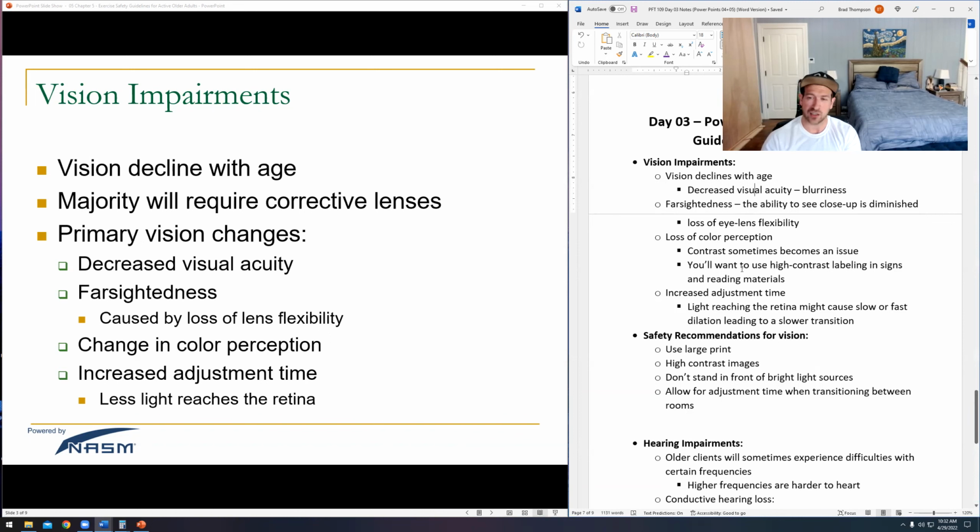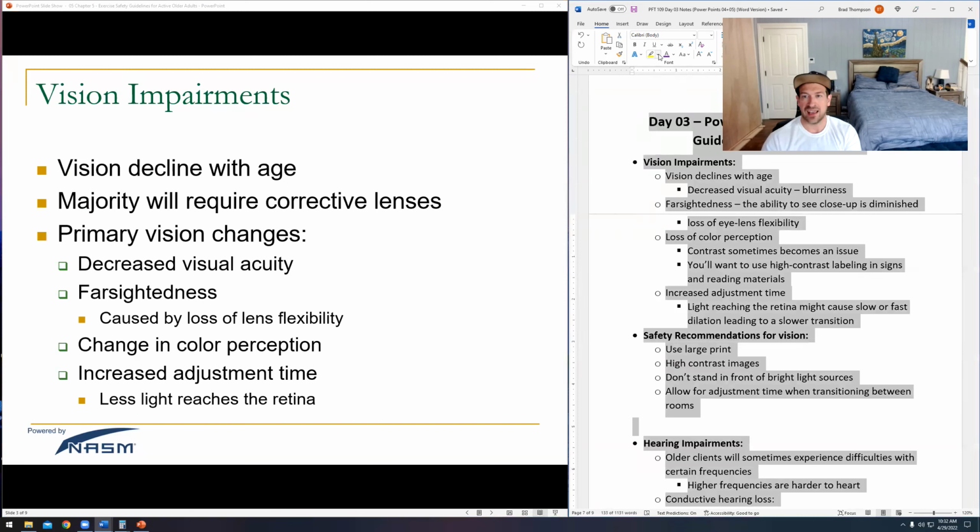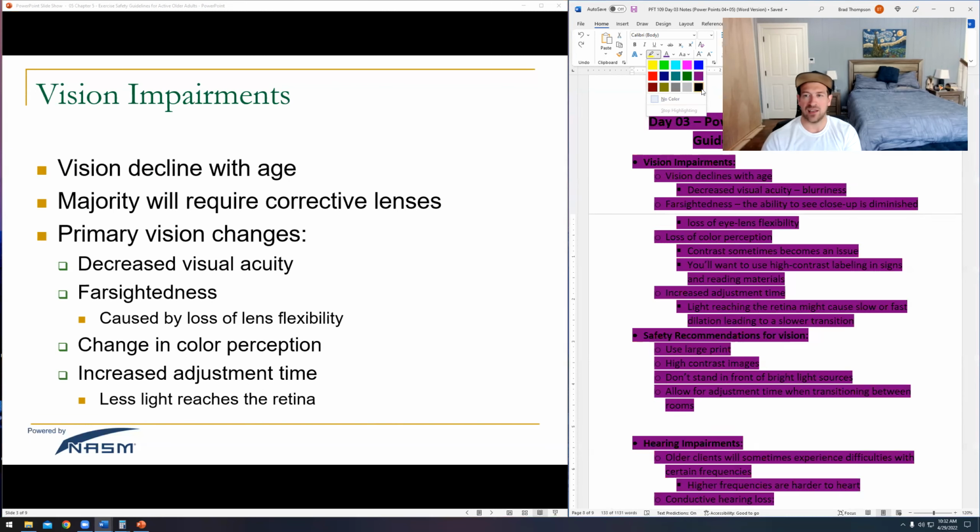Also, when we get older, our color perception kind of changes. Contrast becomes an issue. Honestly, the notes up on the screen right now would be kind of hard to read. This would be even worse, because purple and black just aren't that different from one another.